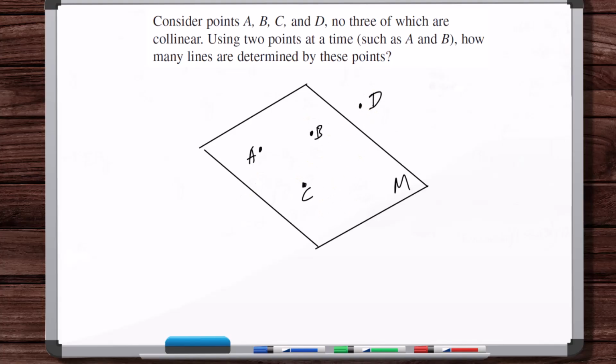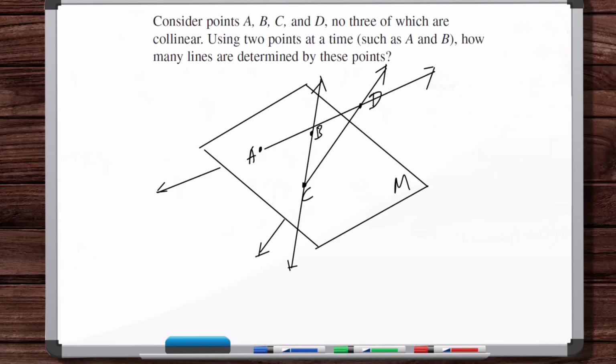So now, how many unique lines can we draw through these points? So there's one line, there's another line. Well, we could do this manually, but to generalize it, you use combinations.